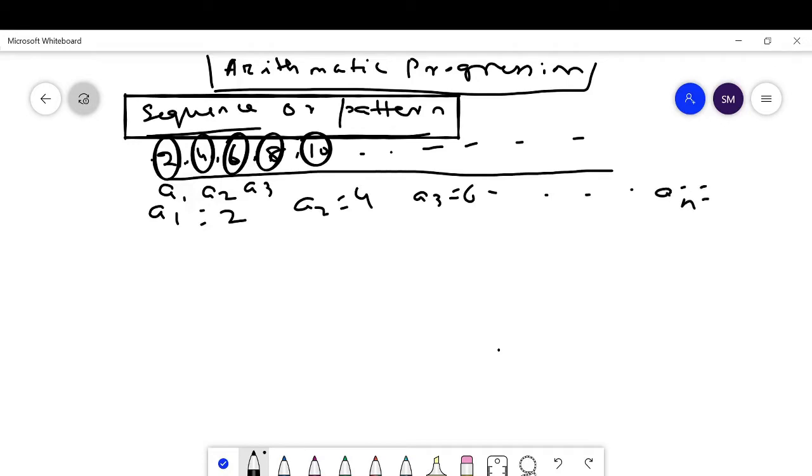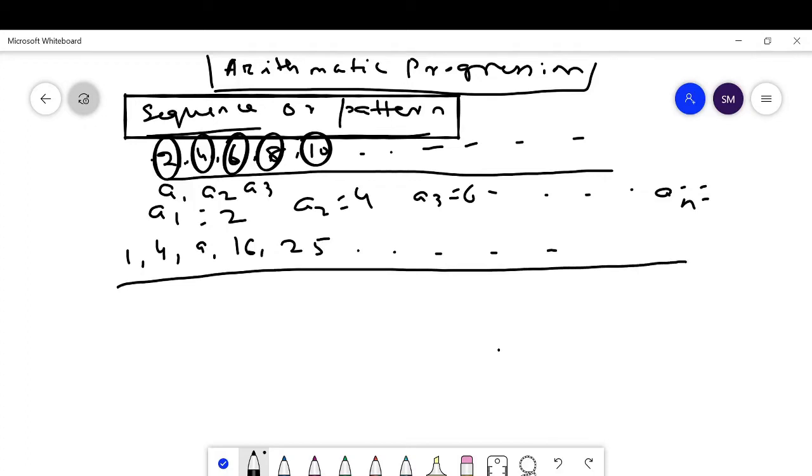Another sequence is 1, 4, 9, 16, 25. This is also a representation of certain numbers according to a definite rule.